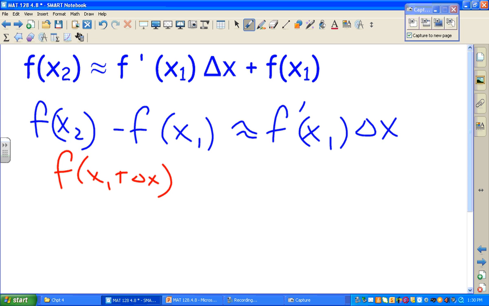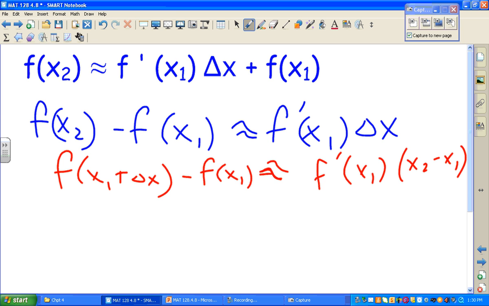Like we had 25 plus 1 gave us 26. And we subtracted f of x sub 1. That's getting close to something. And delta x is x sub 2 minus x sub 1. F prime of x sub 1 times x sub 2 minus x sub 1. That's kind of like what that is.